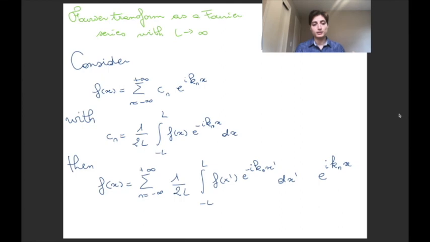Then if we plug c_n into the definition of f(x), we have this formulation of f(x) with respect to itself. So f(x) being a bi-infinite sum of a constant times an integral times a complex exponential.